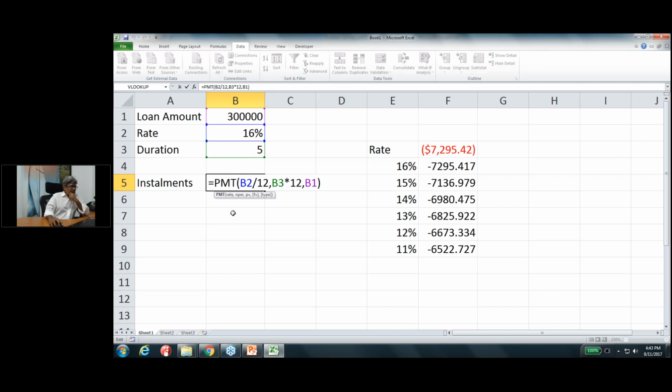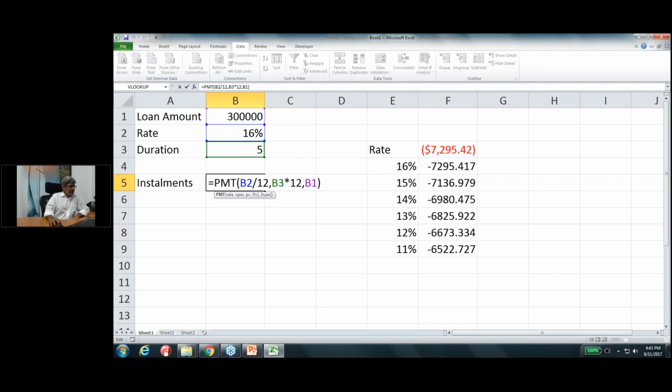What we'll do is use the PMT function, then we have the rate. The rate is this one, which is in B2. Since it is the annual rate, we need to divide it by 12 so that we have the monthly rate. Then the second parameter is NPER, which is the duration.